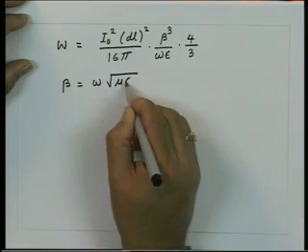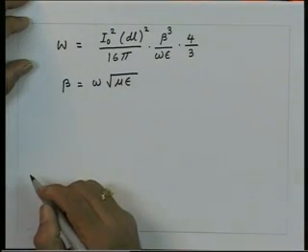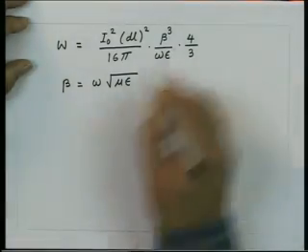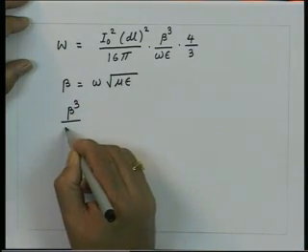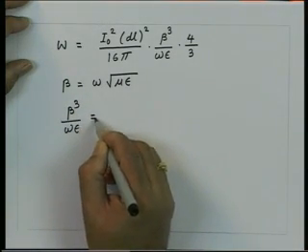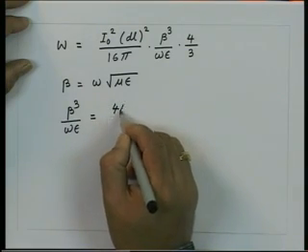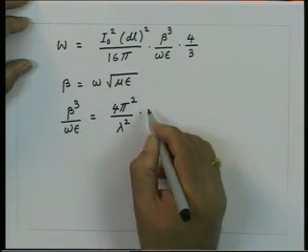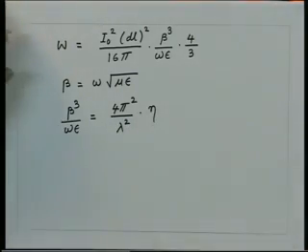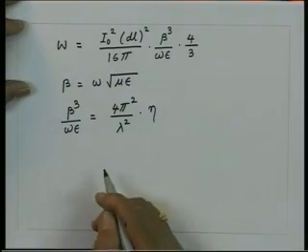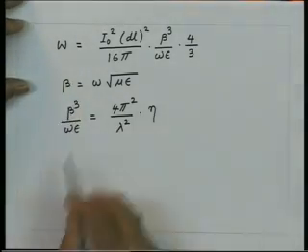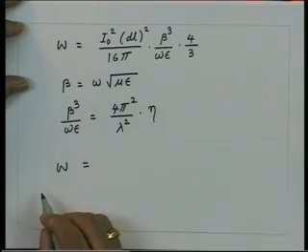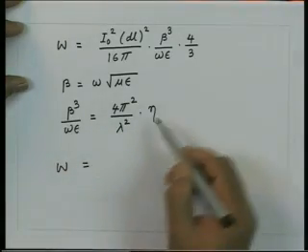Now, if I write down here for beta, that is beta is equal to omega square root mu epsilon, essentially this quantity here, beta cube upon omega epsilon, will become 4 pi square upon lambda square into eta, where eta is the intrinsic impedance of the medium. If I rearrange some terms and substitute for that, I will get the total power radiated by the Hertz dipole written in terms of the intrinsic impedance.